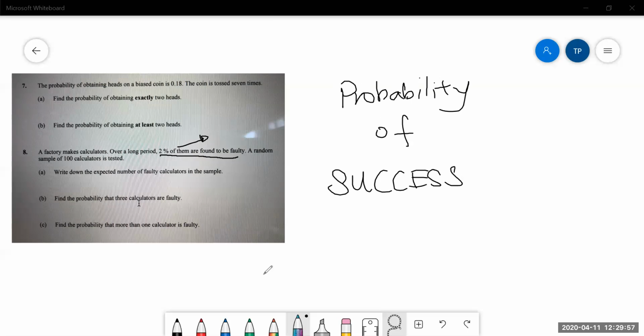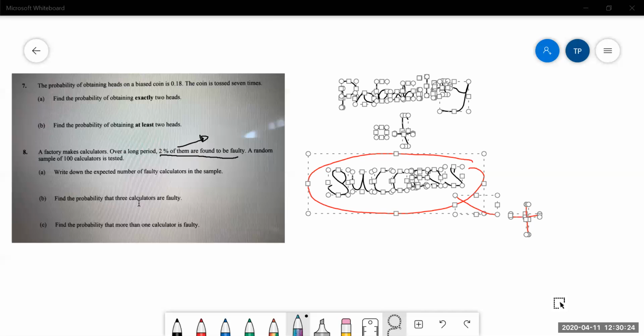In this world, success has a very positive connotation tied to it. But the thing is, you can successfully be late. You can successfully be faulty. You can successfully be bad. You can successfully be an evil person. That is still a probability of success, right? So how we define a probability of success has to be according to the context of the question.